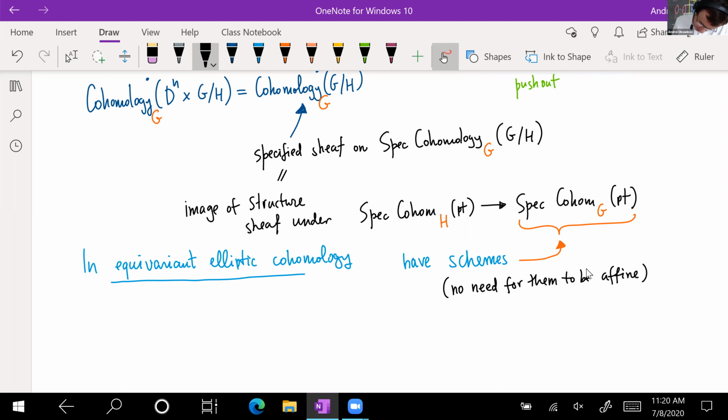You have these schemes. And what are they? I remind you, abstractly, they're like G-bundles on the dual elliptic curve.